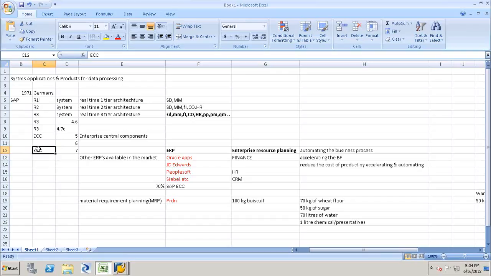SAP is very famous in this world because of the ECC system only. As of now, there are 40,000 customers who are using SAP ECC.